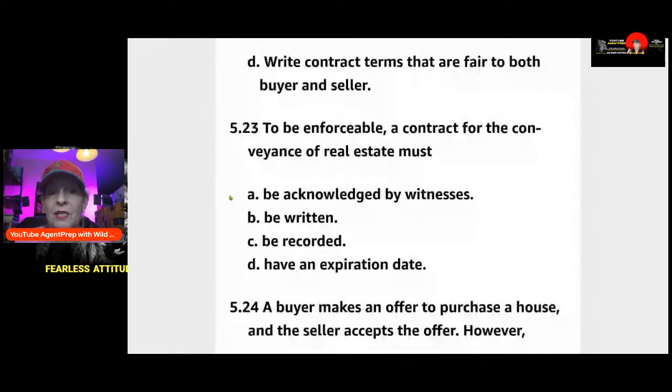C, be recorded. Or D, have an expiration date. Type your answer in the chat: A, B, C, or D. To be enforceable. Okay, we've heard it many times. You see how it says for the conveyance of real estate must.